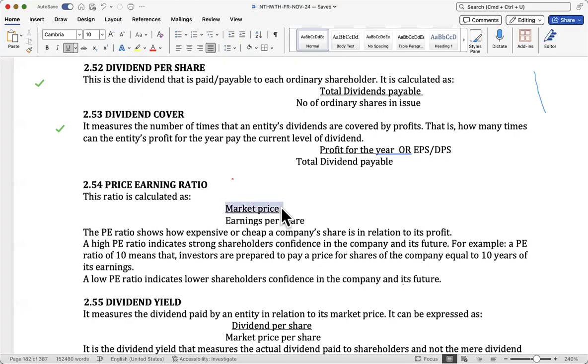Because for you to have a high PE ratio, it means that your earnings are small and your market price is still high. That is counterintuitive. Why would your earnings be small and market price be high? Because that's the only way you can have a huge price earnings ratio.